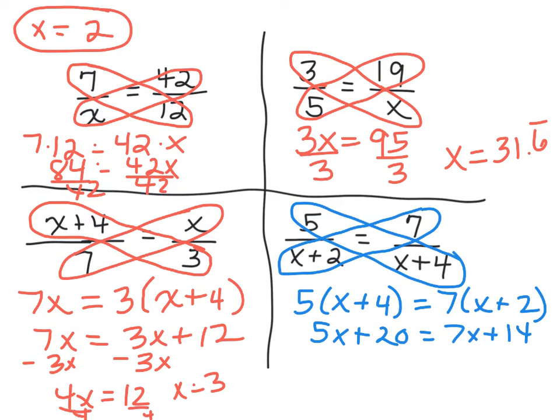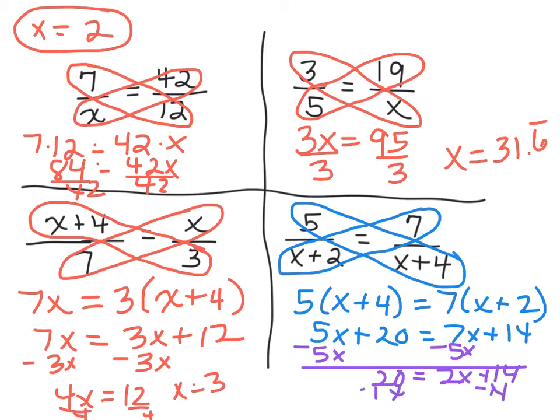Remember, in these problems, I'm going to decide what I'm going to do next. And I think for our purposes here, I'm going to subtract 5x from both sides. So 20 equals 2x plus 14. And continue from there, subtracting the 14. Gives me 6 equals 2x. Divide by that 2, and x equals 3.